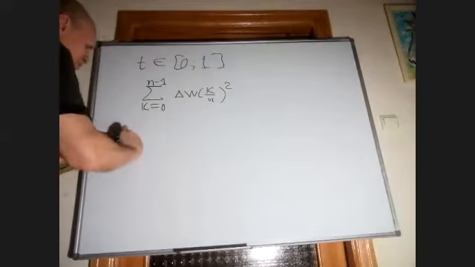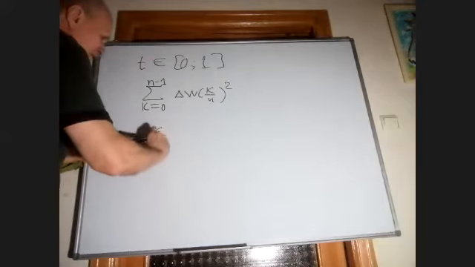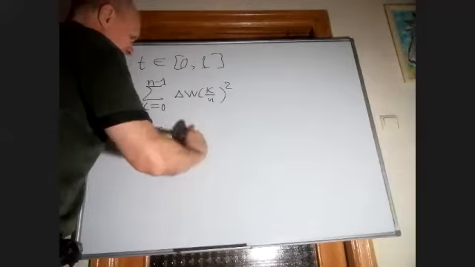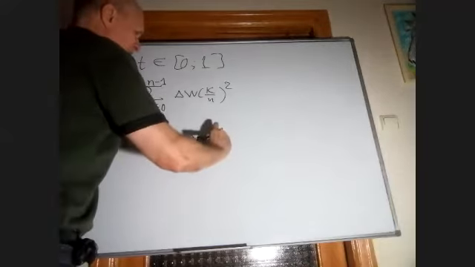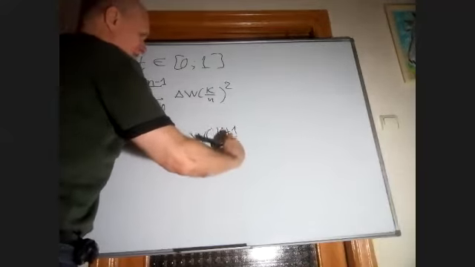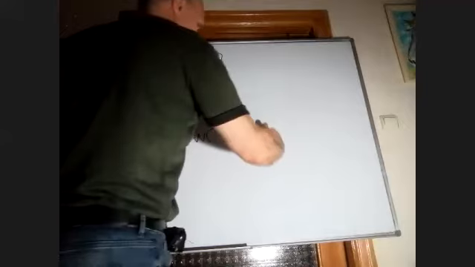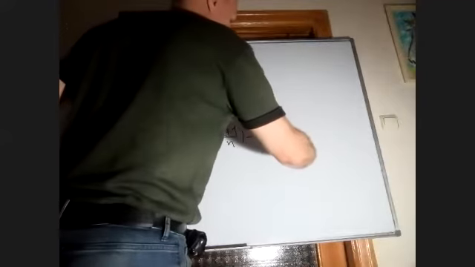Here delta W k over n is just the difference, W((k+1)/n) minus W(k/n).